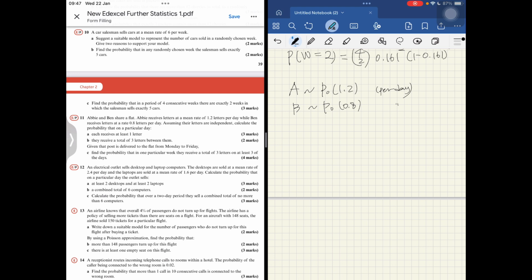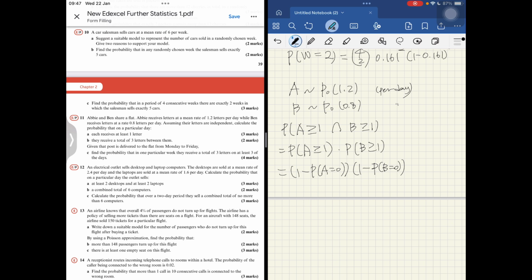So the probability A is at least 1 letter times the probability B is larger than or equal to 1, because they are independent, so we multiply them together.